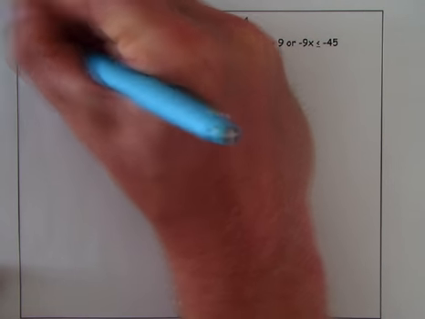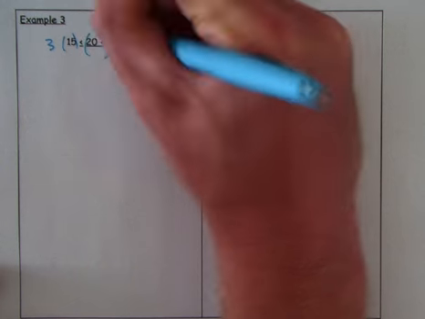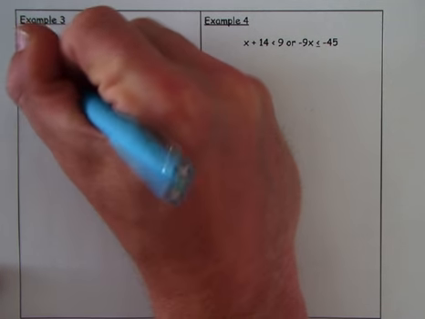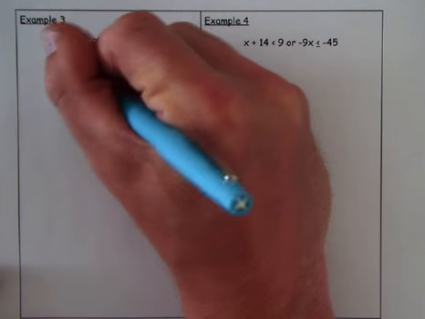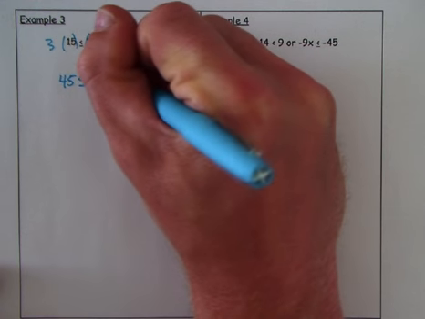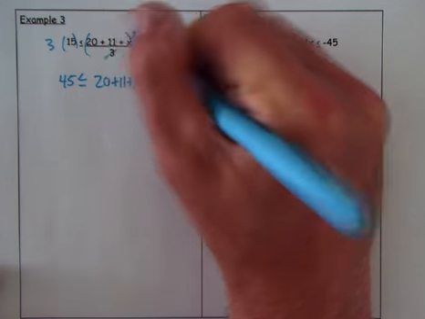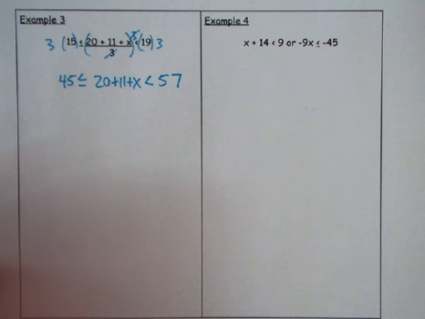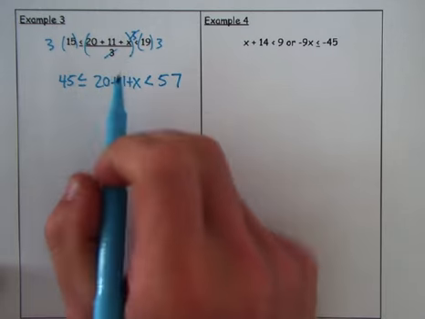Okay, so I'm going to multiply over here by 3, over here by 3, and here by 3. These 3's cancel. So we've got 3 times 15, which is 45, less than or equal to 20 plus 11 plus x, which is less than 3 times 19. That's 57. Now let's combine our like terms.